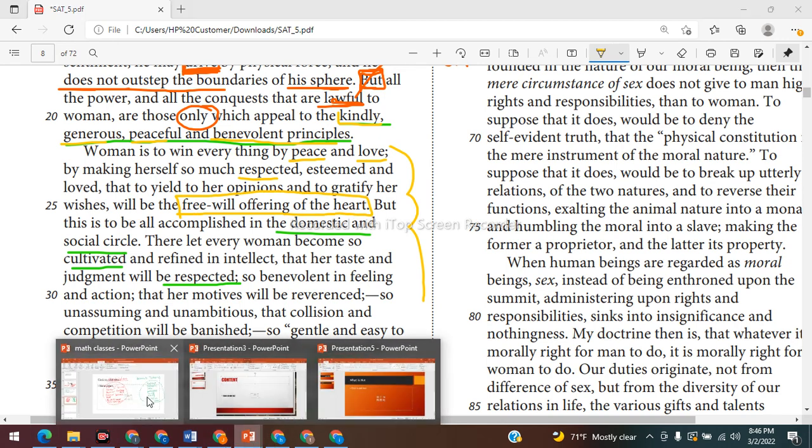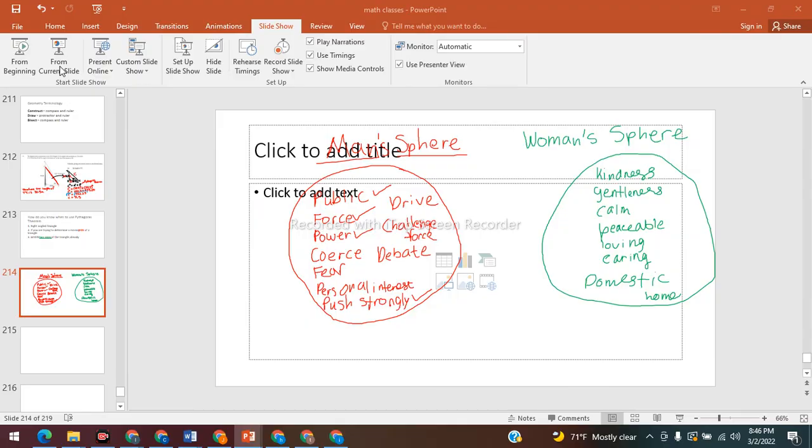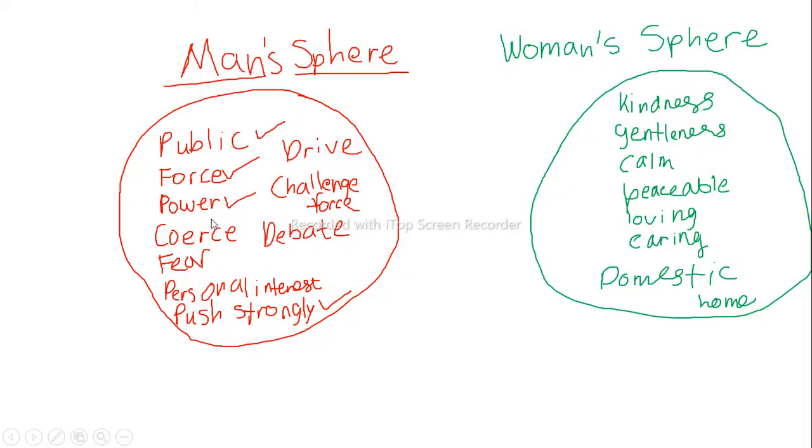Remember when we were talking about the men's circle? Men, she's saying, could coerce. When you coerce, the person is unwilling. It's almost like you take someone's arm and twist it. You coerce them.